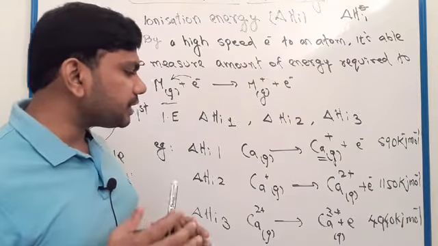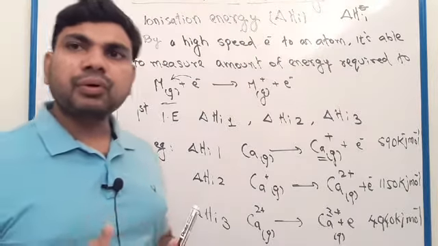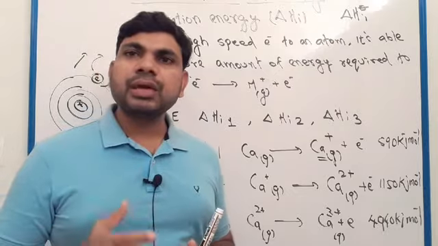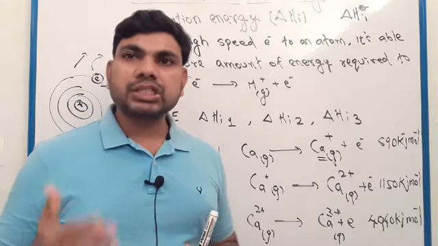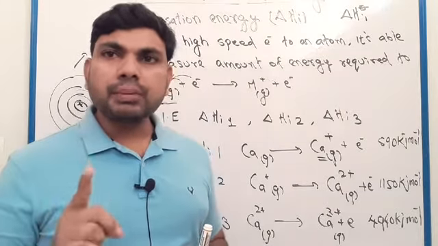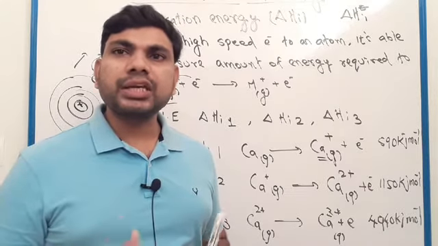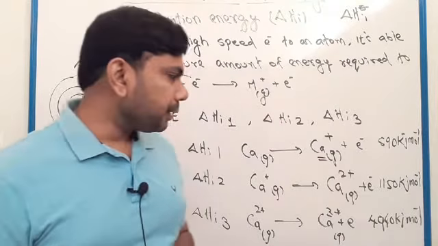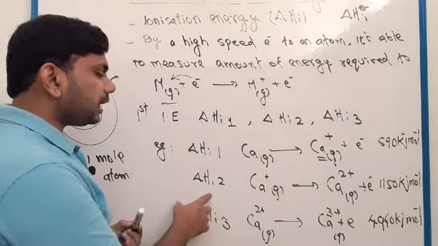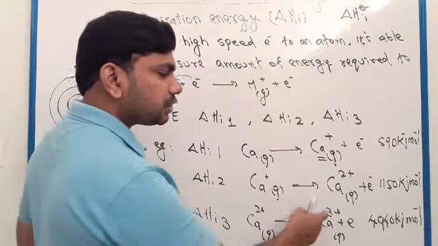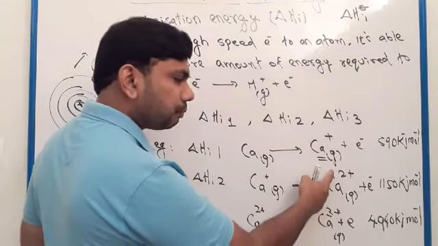So second ionization enthalpy means the amount of energy required to remove the second outermost shell electron of one mole gaseous atom, then it changed to one mole gaseous ion. After second ionization enthalpy, calcium changed to gaseous calcium 2 plus.